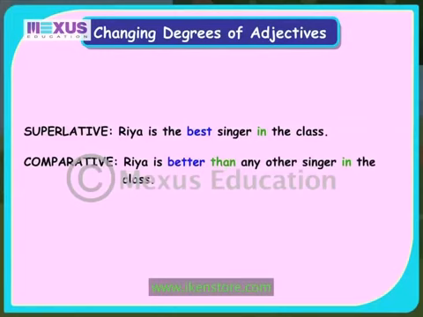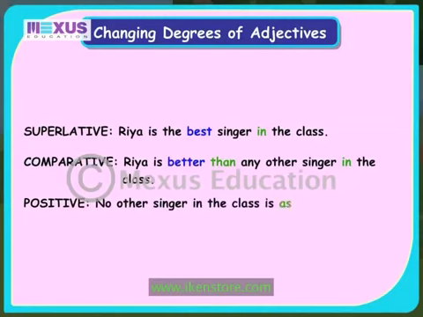As mentioned earlier, an adjective in the comparative degree is followed by than. The adjective can be changed to the positive degree by using as, adjective, as. No other singer in the class is as good as Ria. All three sentences mean the same thing, even after changing the degree of comparison of the adjective.